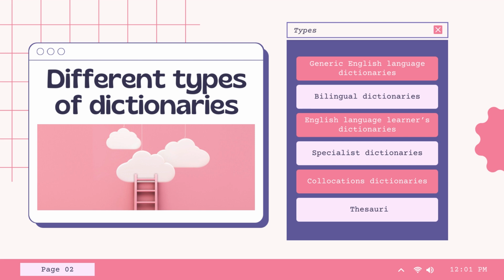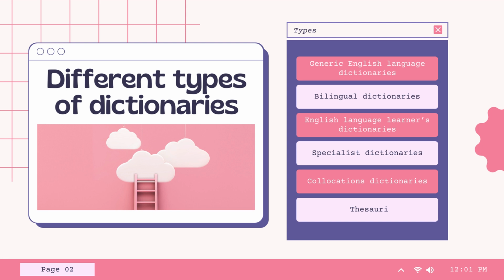For example, we have the generic English language dictionaries, bilingual dictionaries, English language learners dictionaries, specialist dictionaries, collocation dictionaries, and thesauri.